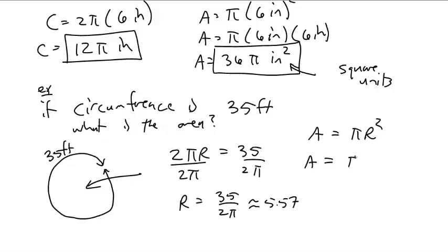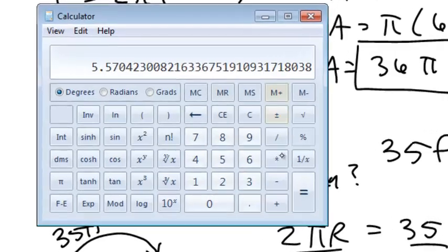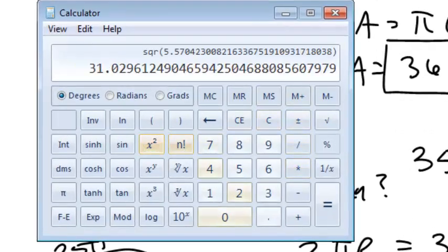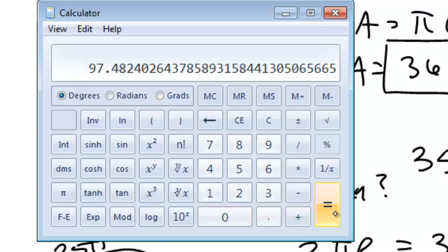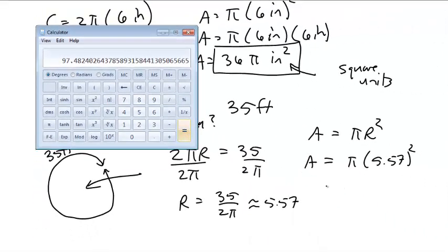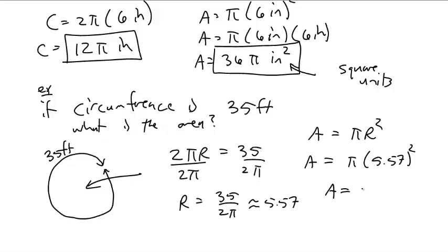The area is pi times 5.57 squared. So there's your 5.57, and you square it, and you multiply it by pi, and you get 97.5, let's say. So the area is approximately 97.5.